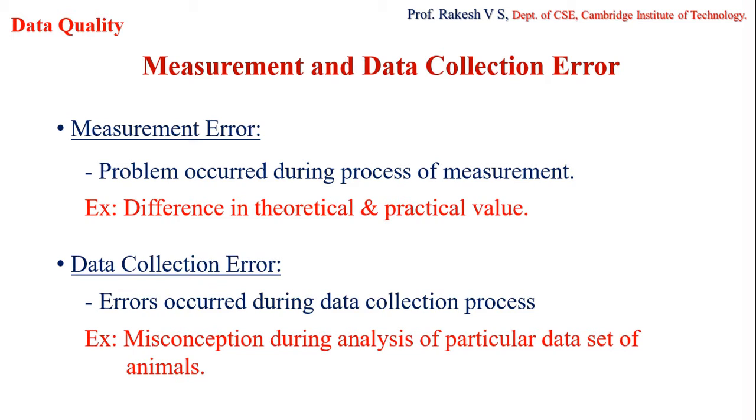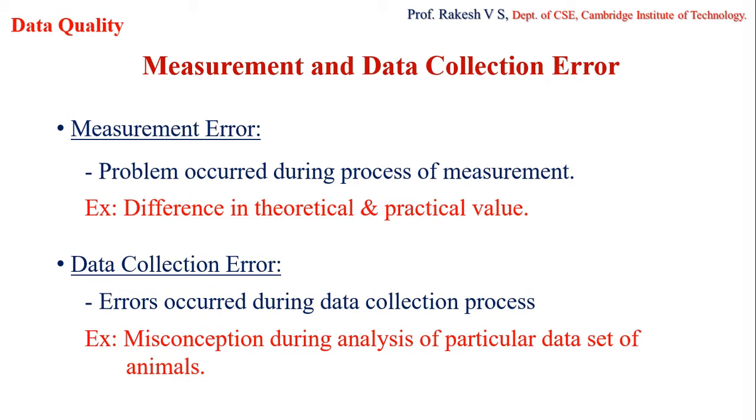When you are performing any experiment, there will be a theoretical value, and when we perform the experiment, we will get the practical value. When we compare these two, in most cases we find a little difference among the values. Such a type of error will be considered a measurement error.